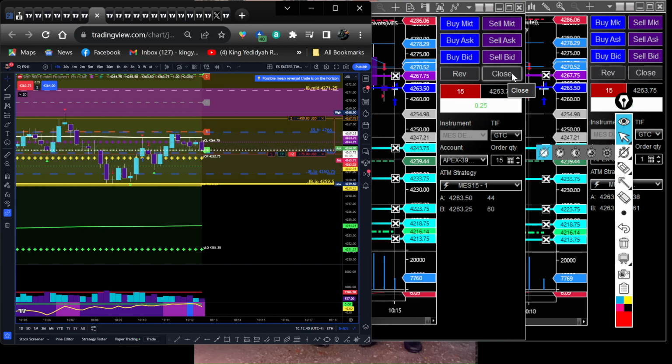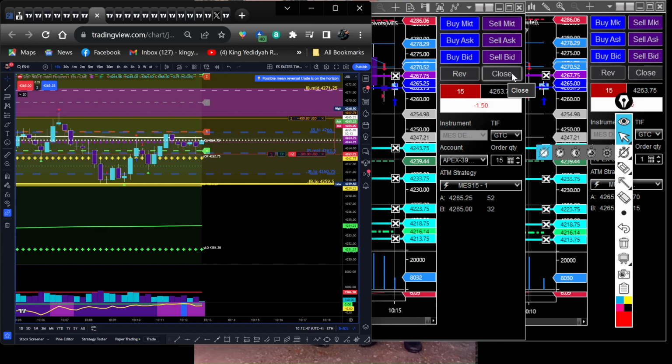All right, we need some momentum to the downside. So hopefully it'll start coming in now, but they're still getting buyers right there at the open. 42.62.75, yesterday's open in the ETH.